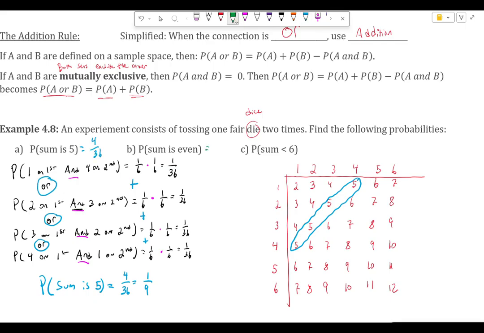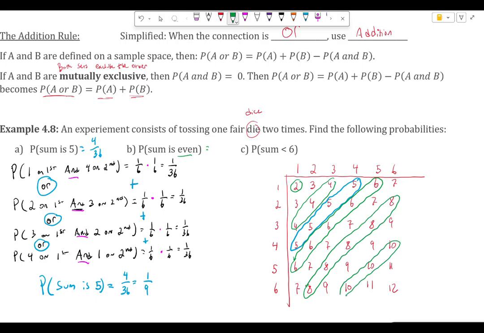For part B, I'll do this in green. The sum is even, so we're looking for all of the even numbers. So that's 1 plus 3 is 4, 5, 6, 7, 8, 9, 10, 11, 12, 13, 14, 15, 16, which would be 16 out of 36.